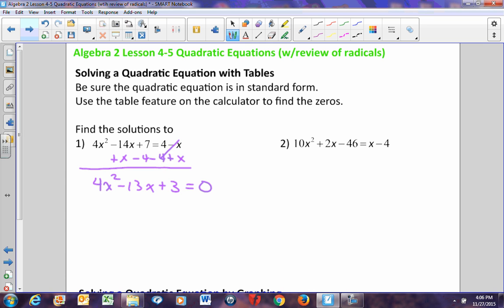I'm going to put in 4x squared minus 13x plus 3. And then I'll put it in the second calculator. 4x squared minus 13x plus 3. Graph them both.